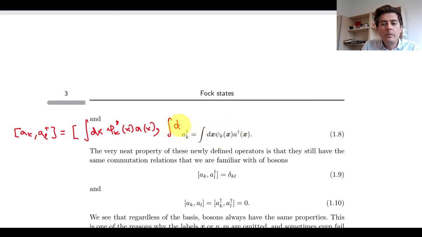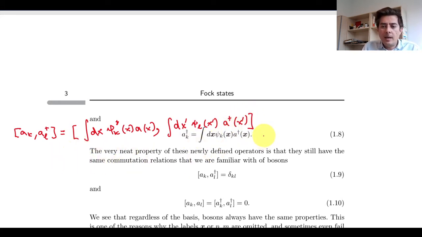What we need to make sure here is that we don't use the same integration variable, otherwise we'll get confused with the one over here. So let's just make that change of variable. So it's psi L here, and this is a dagger of x dash.